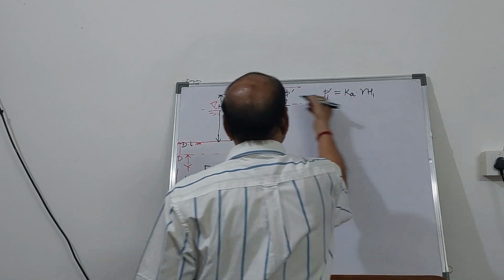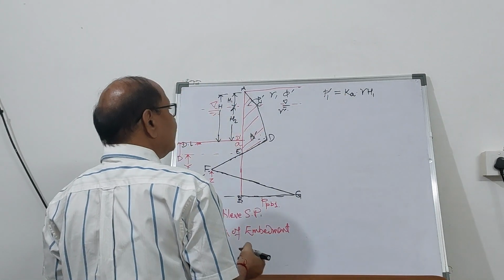That is the active earth pressure P1 prime.